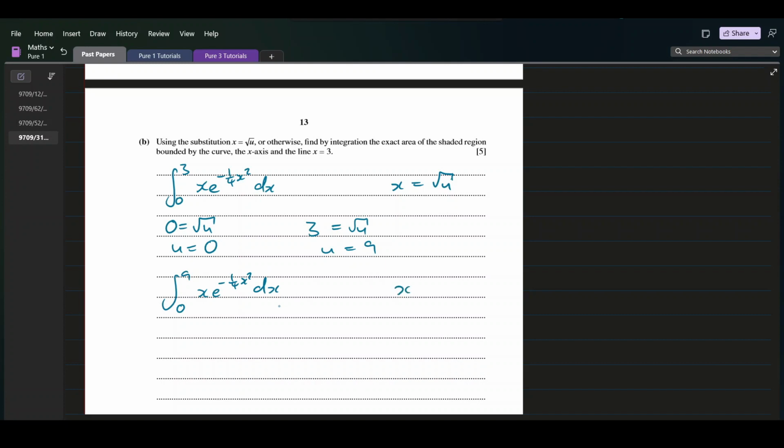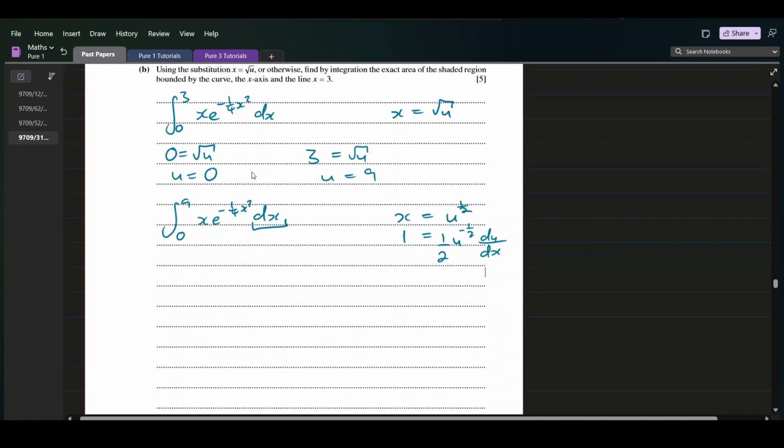So now we need to get rid of this dx, and we're going to do that by differentiating our substitution. So x equals root u can be written as u to the power half. So if you differentiate x, you get 1. If you differentiate u to the half, that is half u to the negative half du dx.